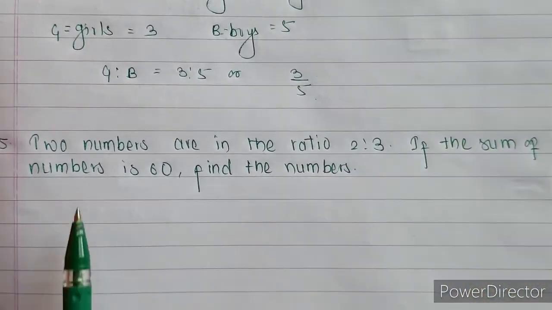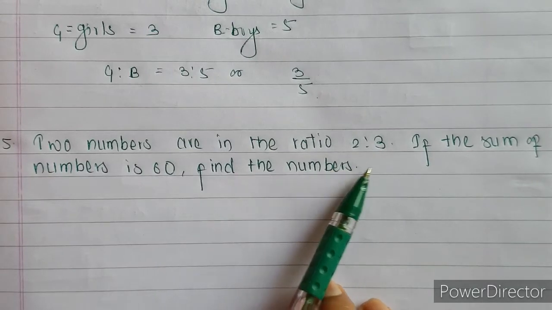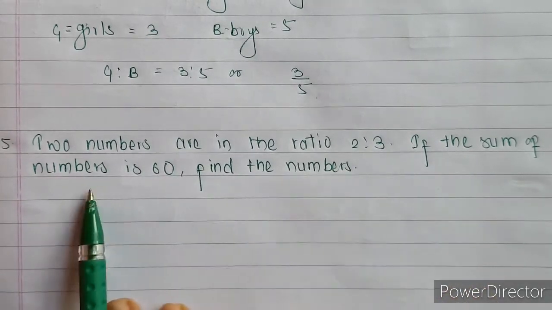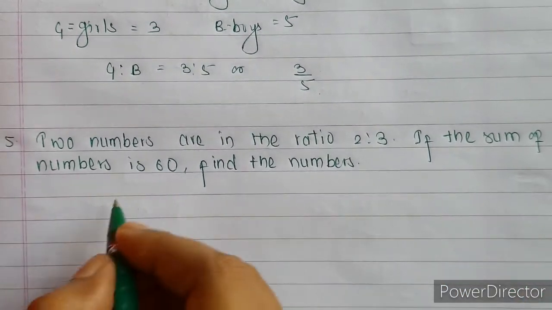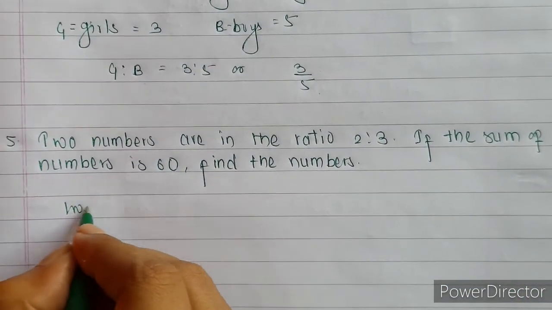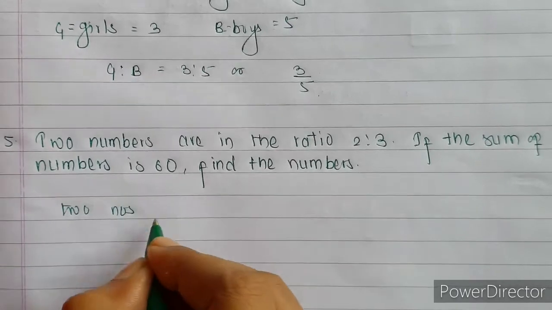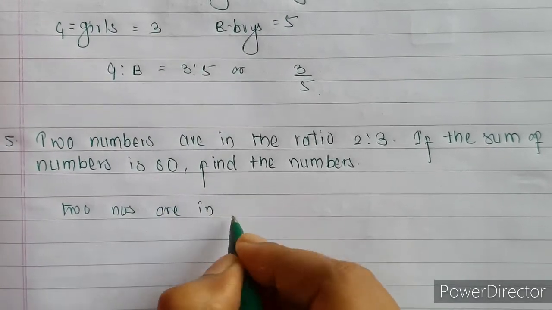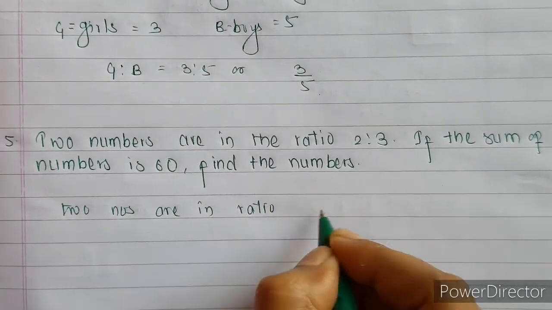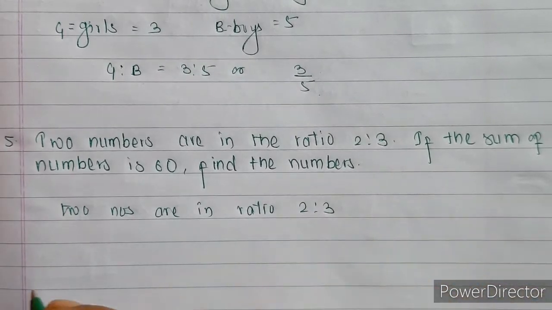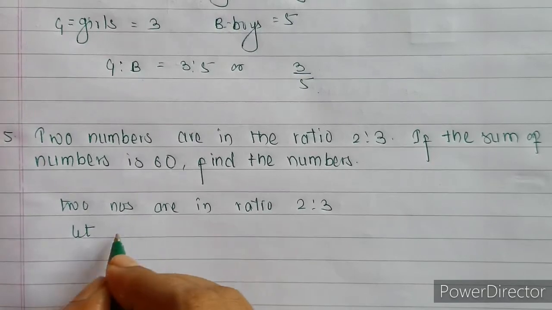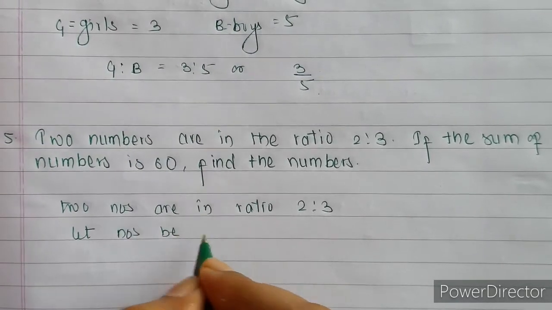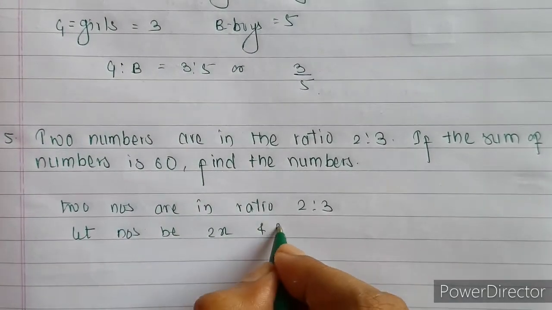Next question. Two numbers are in the ratio 2:3. If the sum of the numbers is 60, we have to find the numbers. So these two numbers are in the ratio 2:3. We can write these two numbers as 2x and 3x.